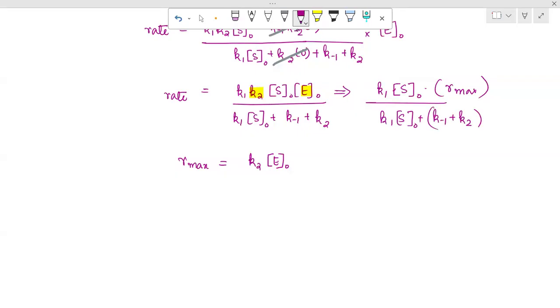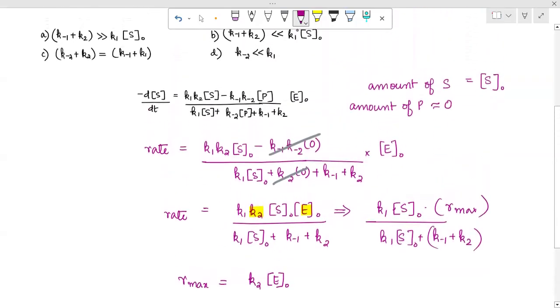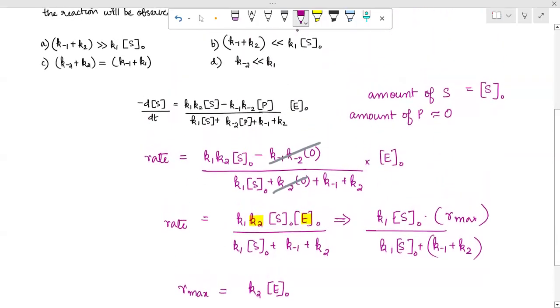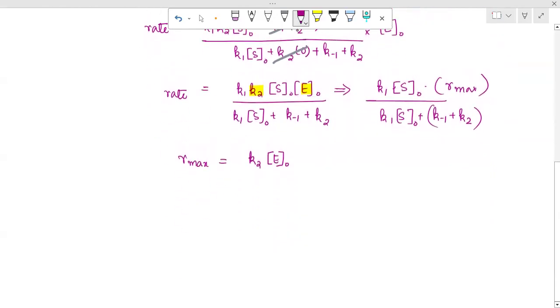Now let's go back to the options. See in the options, what have they given? They have given the correlation between K inverse, K2 and K1 S0. So some way I have to make this whole thing 1 so that my rate becomes R max. How can I make that? I can make that only when my K1 S naught is very much higher than K inverse plus K2.